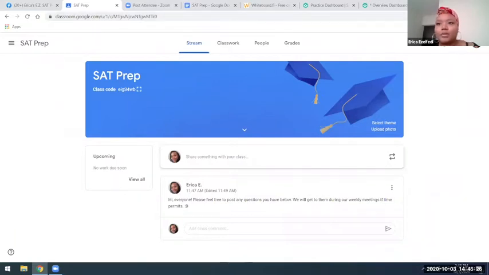Do we know the basic structure of the SAT? We'd like to go over it. There's the reading test, the writing and language test, the math test, and the SAT essay.